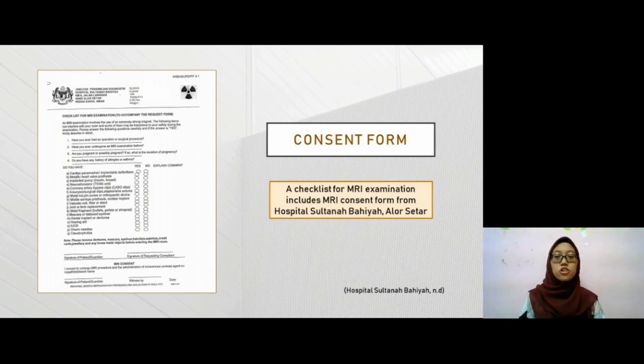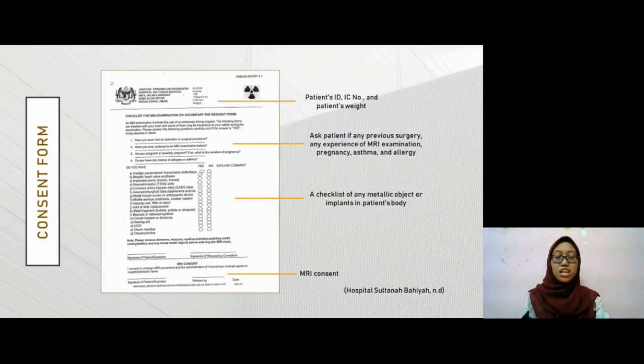Okay, for the consent form, this is a sample from Hospital Sultanah Bahiyah, Alor Setar, which is a checklist for MRI examination, including the MRI consent form. So, as we can see here, the upper part is the checklist and MRI consent.